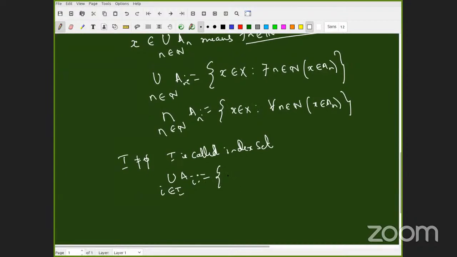Set of x belongs to capital X such that there exists i belongs to capital I with the property x belongs to Ai. Fantastic.